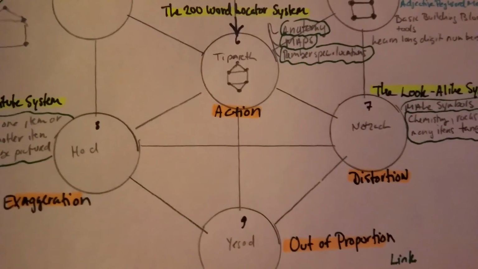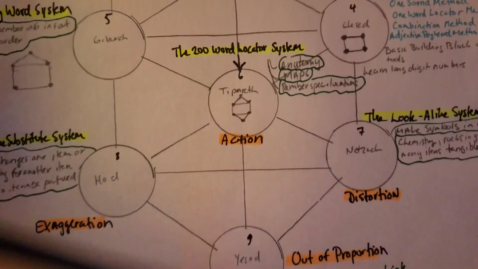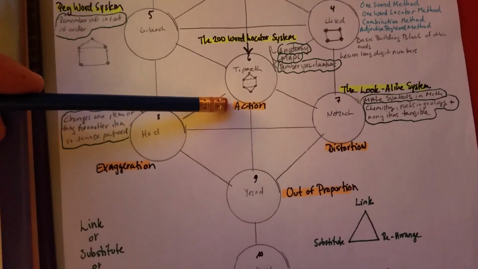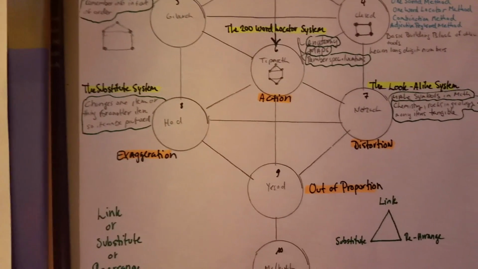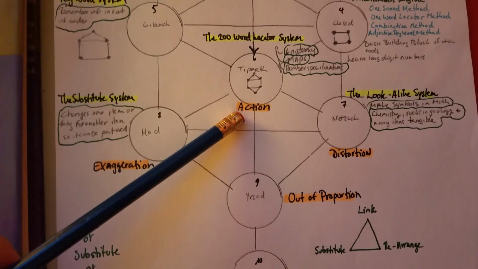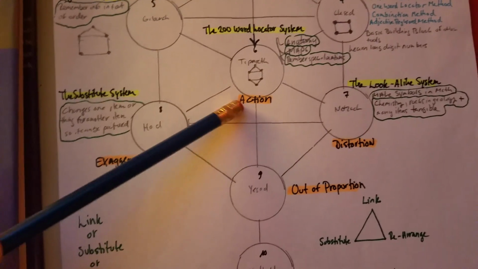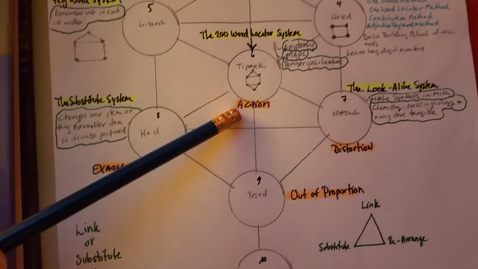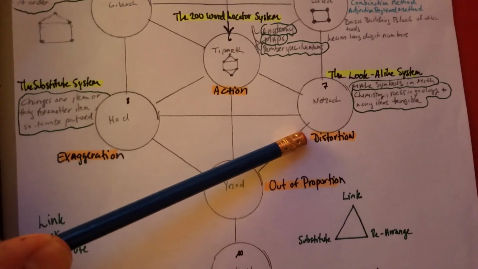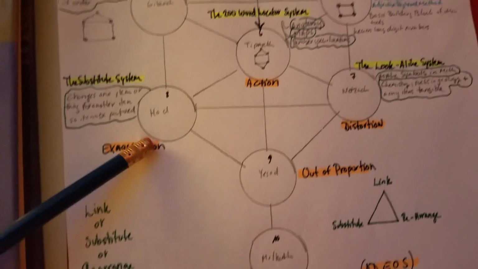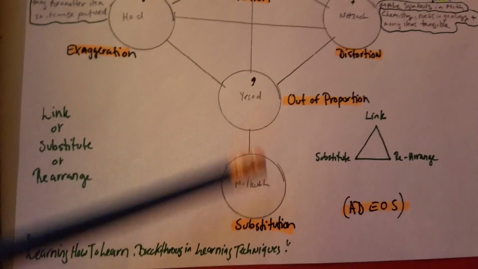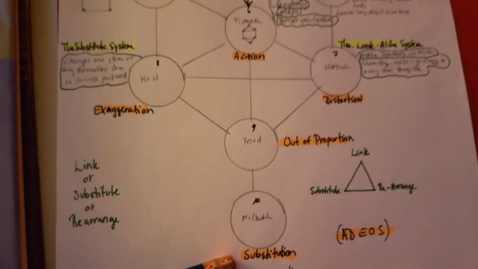Basically, it helps you to remember that in this whole book, in this whole system, whatever system you're using, you want to have action in your visualization, in your memory creation. You want to have a running scene in your head. You want to have like a short clip of something happening. You want distortion. You want to have a huge exaggeration. You want it to capture your interest. You want it to be out of proportion, and you want it to be a substitution.